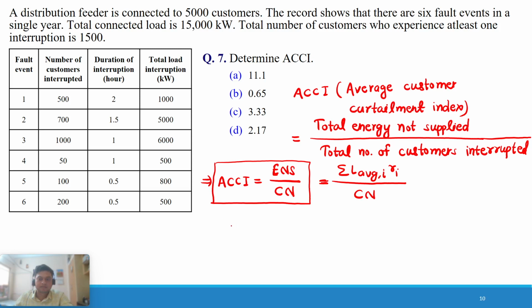So we have calculated this energy not supplied as 16,650 kilowatt hour, and total number of customers who experience at least one interruption is 1500.